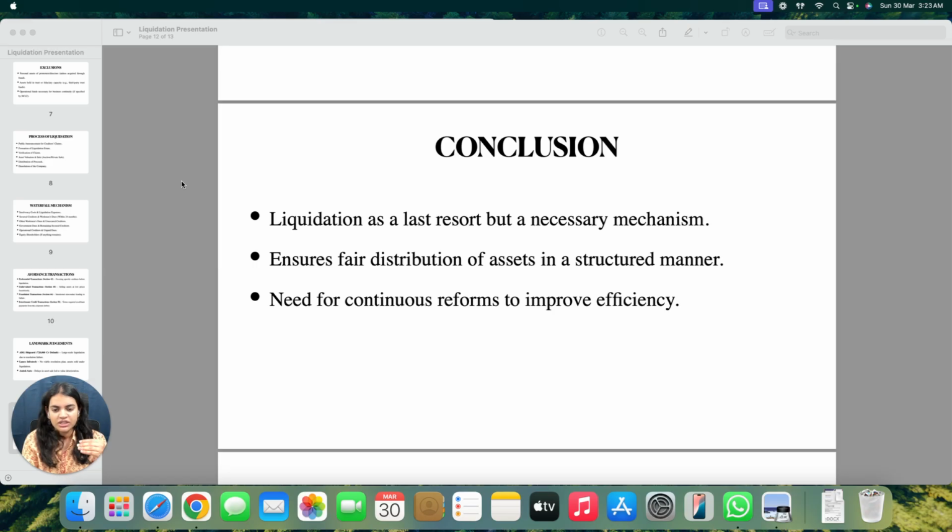Need for continuous reforms to improve efficiency. All of what we have seen in the theoretical aspect is a tremendous improvement from that of the previous regimes. However, there is a requirement for further reforms and improvements. There are certain industry-specific limitations, even in CIRP and in liquidation.